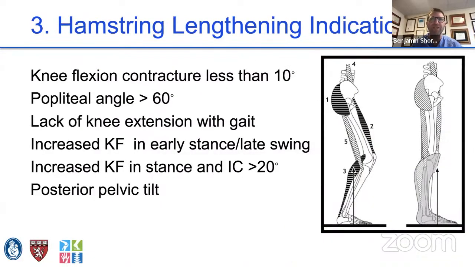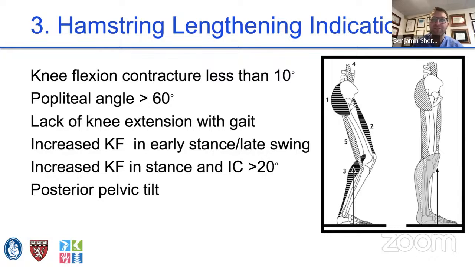By no means are these gold standard rules, but these are Shore's indications. So, a hamstring lengthening is indicated for me if they do have some tightness on muscle testing, if there is a little bit of a knee flexion contracture. But from a kinematic perspective, I'm looking for that lack of knee extension with gait and increased knee flexion, either in early stance or late swing, and posterior pelvic tilt.